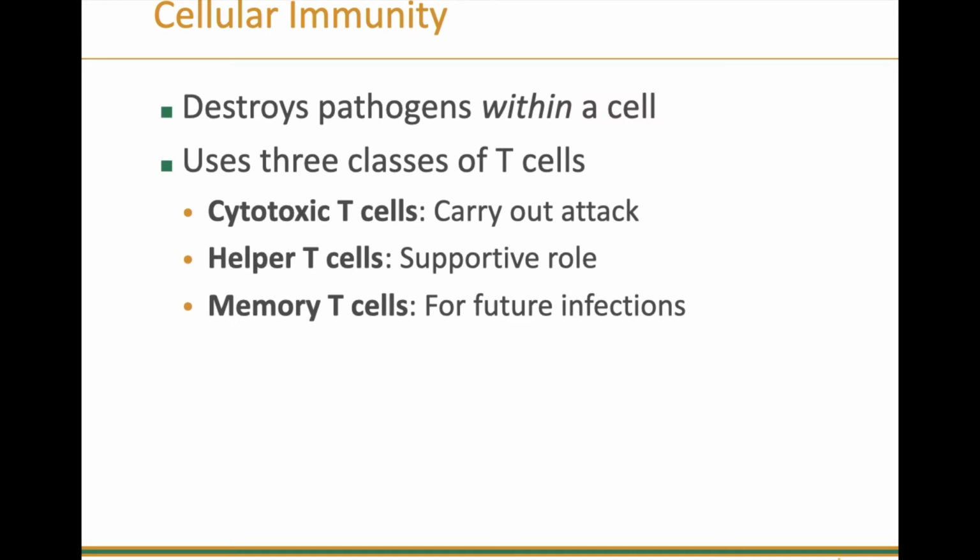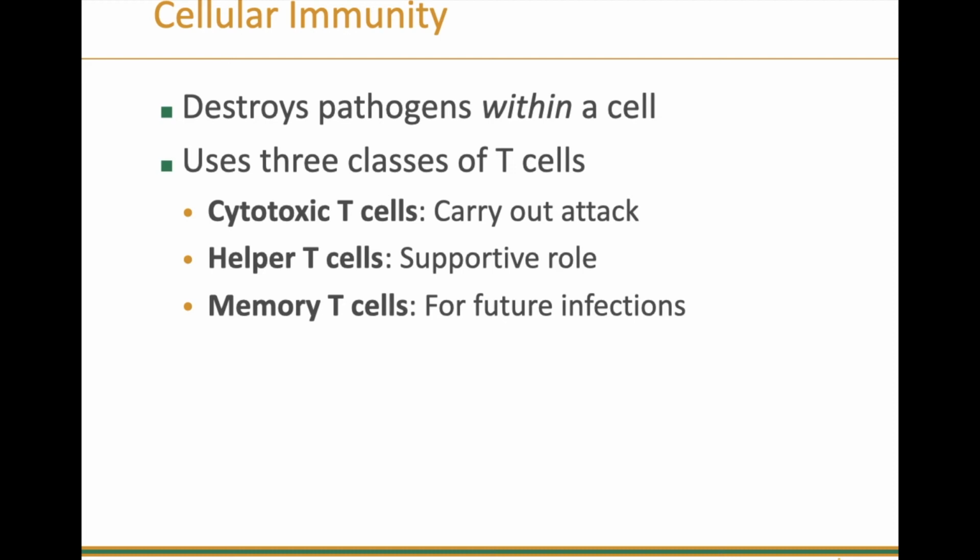Alright, so cellular immunity destroys pathogens within a cell, and it uses the T cells. The 3 classes are the cytotoxic T cells, or sometimes they're called killer T cells. They actually carry out the attack, so they're going to recognize the infected cells and they're going to release chemicals to destroy them. Helper T cells have a supportive role.